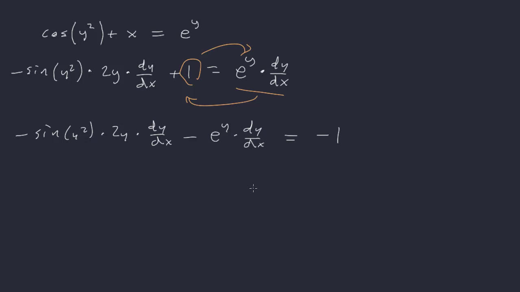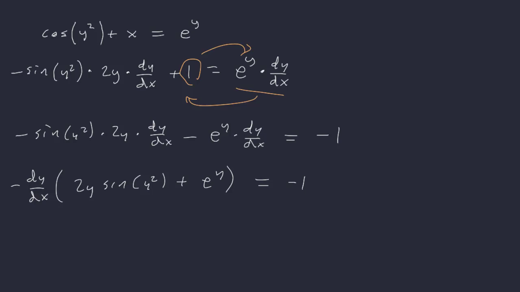Okay. Actually, it might be easier to move the sign over, but now that we've already done it, it doesn't matter. But I'm going to take out a negative dy dx. So that'll be left with sine of y squared, 2y. So let me write it like this instead, so it looks a little nicer. 2y sine of y squared plus e to the y.